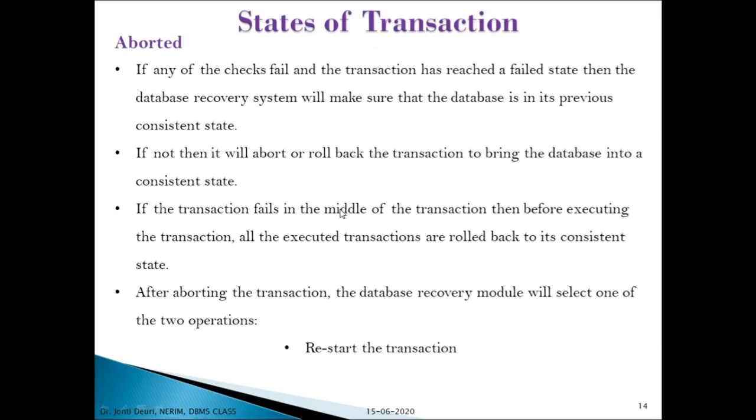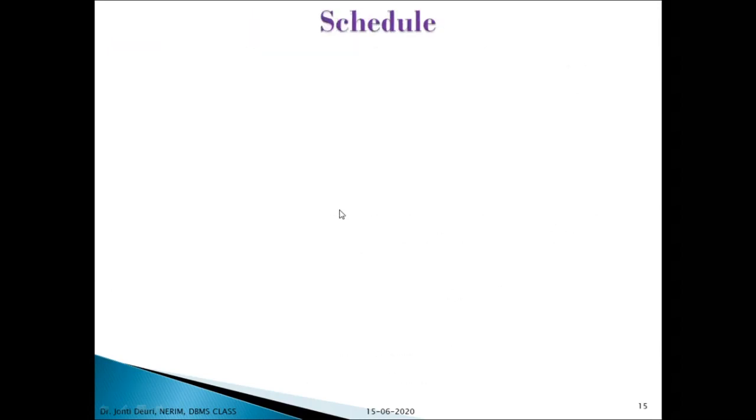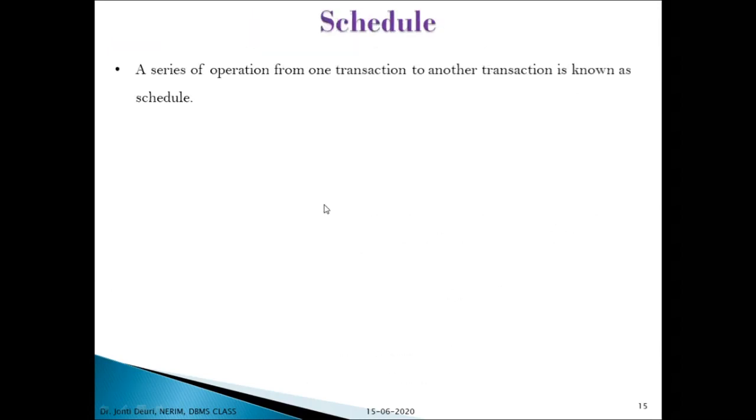So next we will start schedule. A schedule is the series of operations from one transaction to another transaction. When your transaction is going on, the operations in the transaction are a series or set of operations, right?